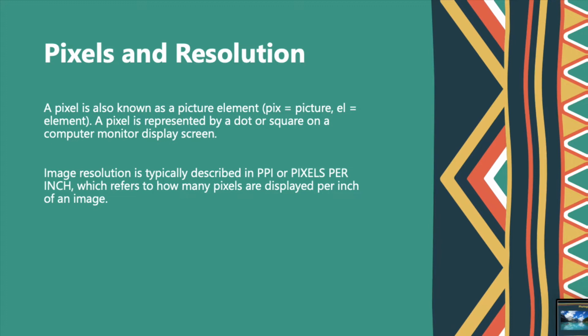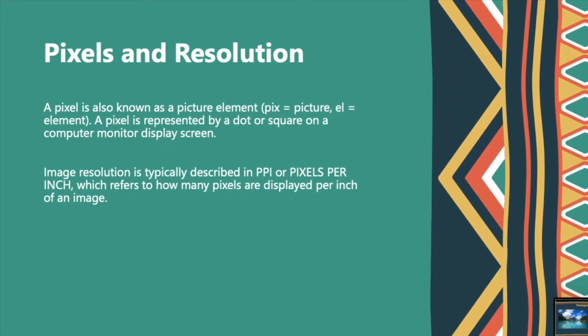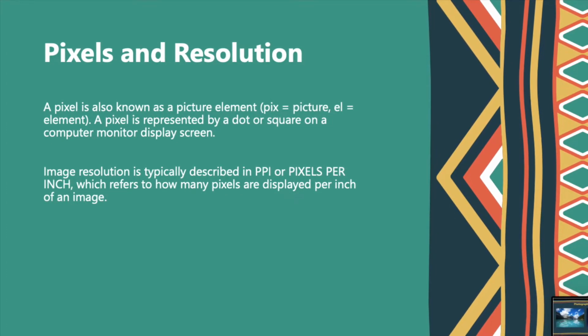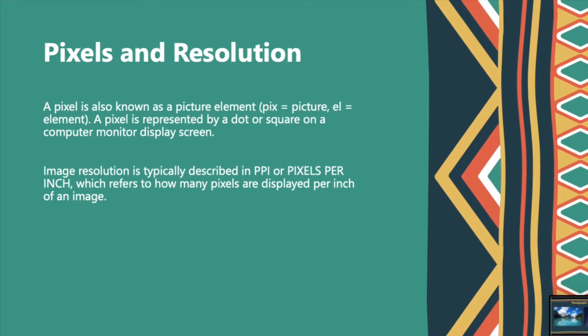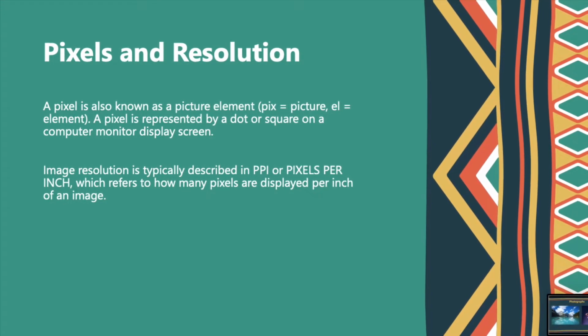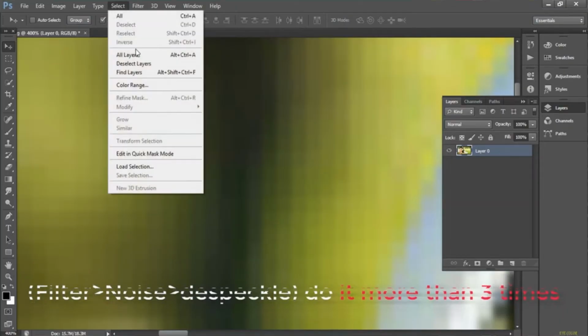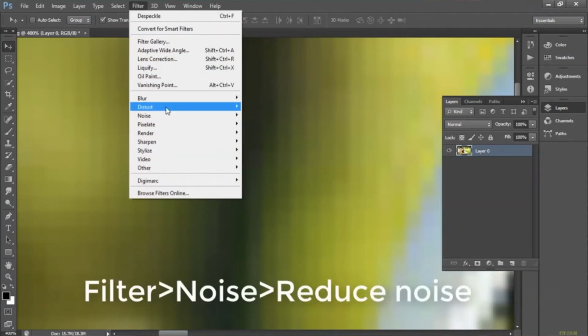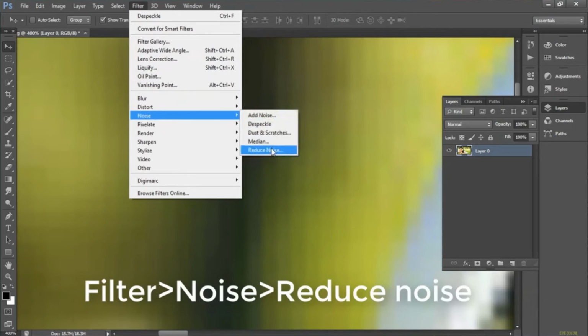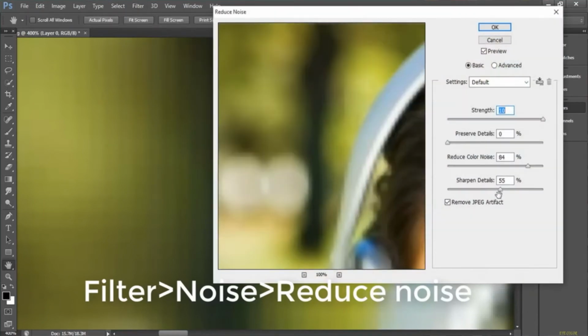Along with pixels comes image resolution. Image resolution is typically described in PPI, or what we call pixels per inch. This refers to how many pixels are displayed per inch of an image.